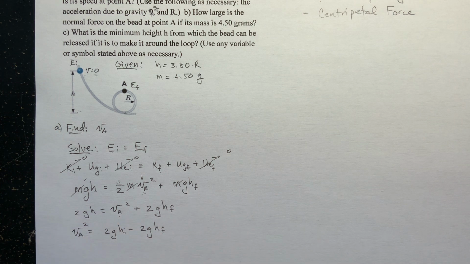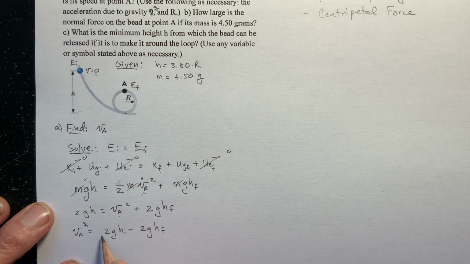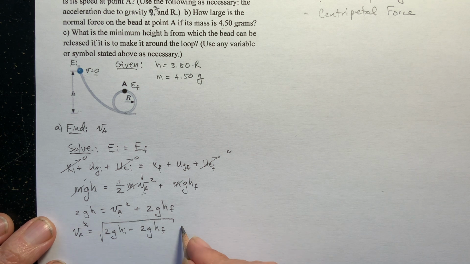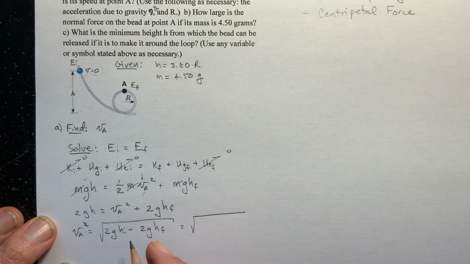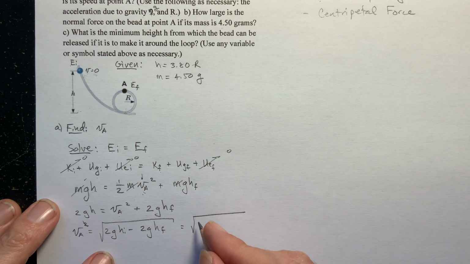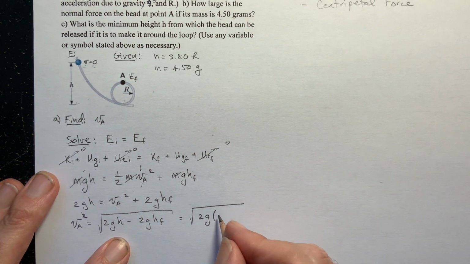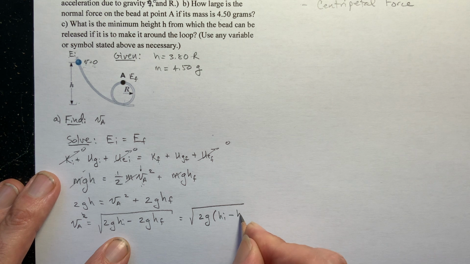We put that over there. And then, of course, to get rid of that square, we're going to take the square root of this. Now I want to simplify this expression. I'm going to pull the 2g out, and that's going to leave h initial minus h final.